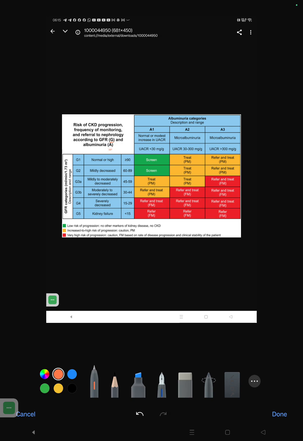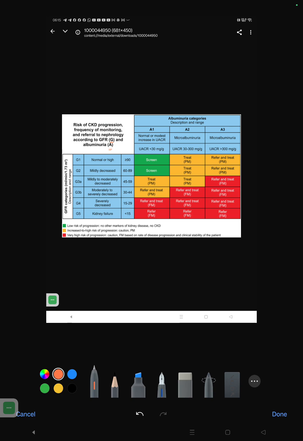So the rows show the GFR categories in ml per minute per 1.73 meter square, that is the body surface area, and it is divided into 5 stages. The glomerular filtration rate normal is more than 90, and the severely decreased is less than 30, and the mild to moderately decreased is divided into G3A and G3B.